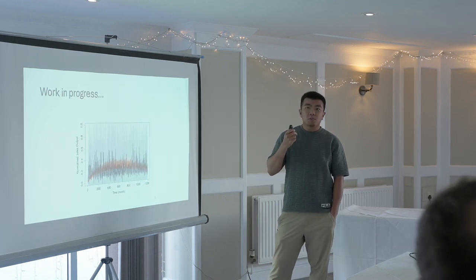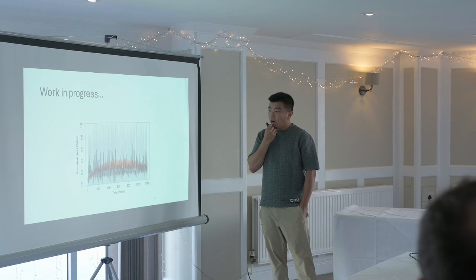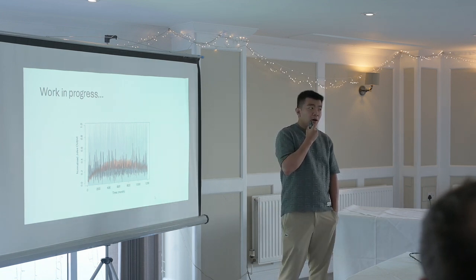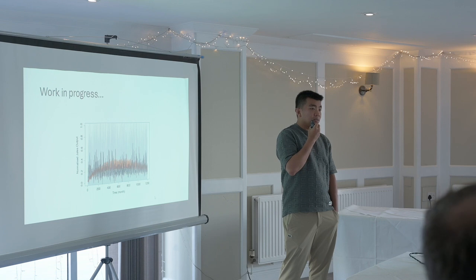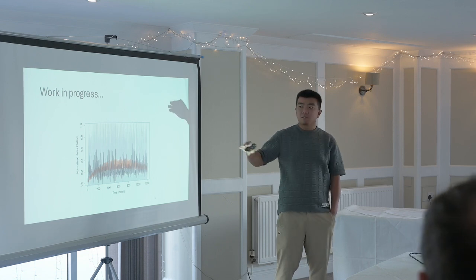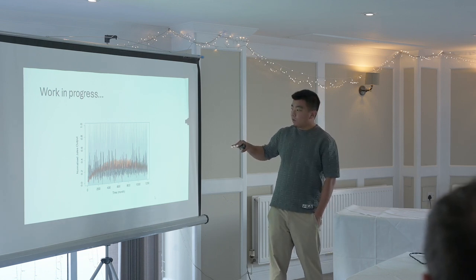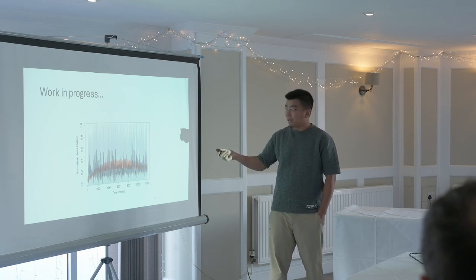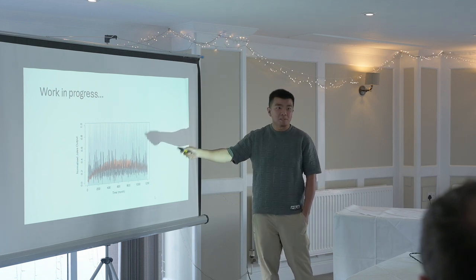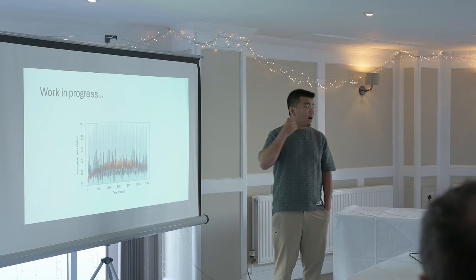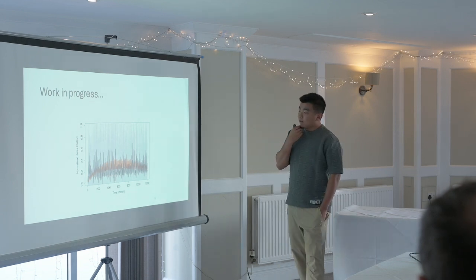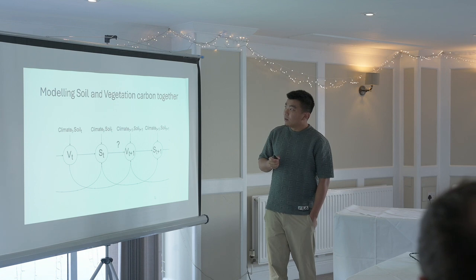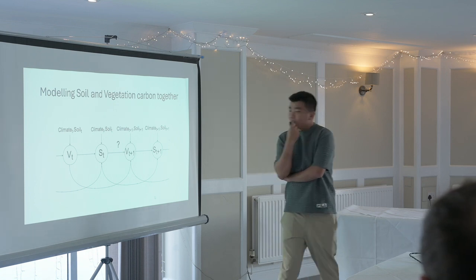It's because for soil emulation we don't have month-to-month soil data. It's the same set of soil parameters across all the time. Then you wonder how to get the variations month to month, and that's why we think about modeling soil and vegetation carbon together.